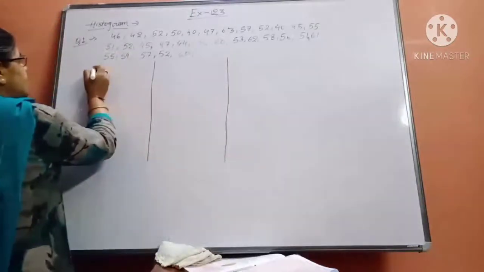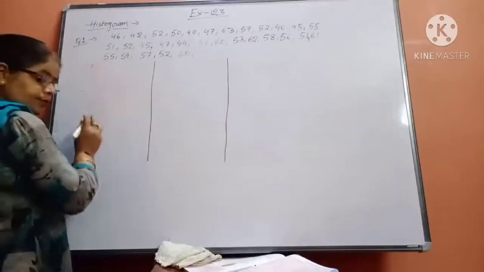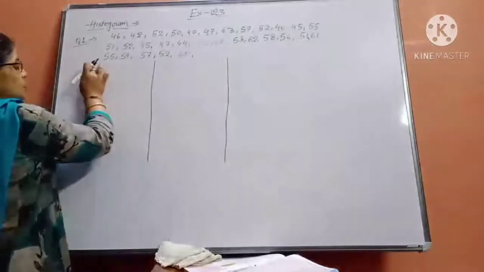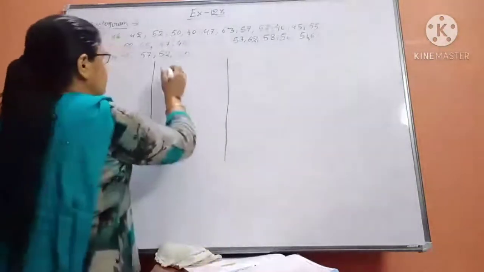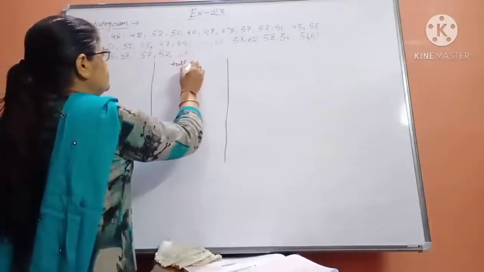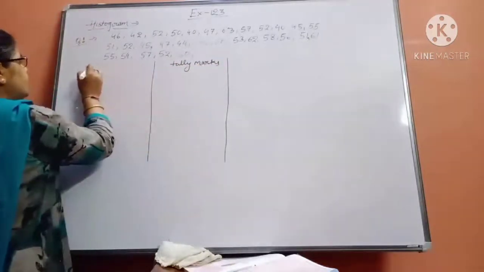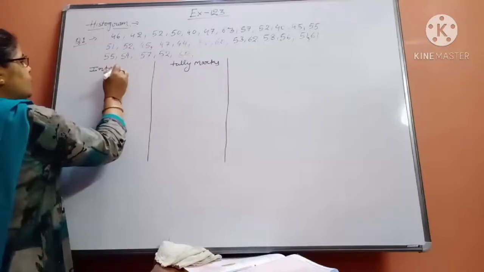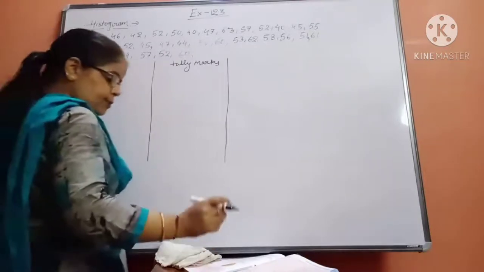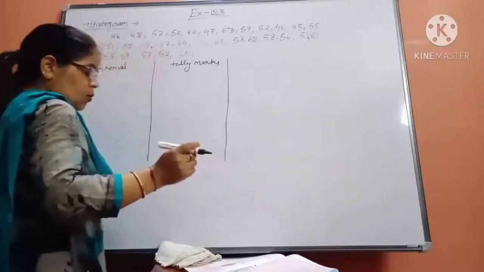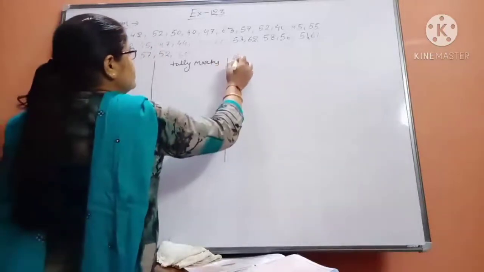So here you will write frequency. Here you will write tally marks. Here you will write the interval, meaning what kind of interval we will make. You have to give an instruction for that also. And here frequency will come.